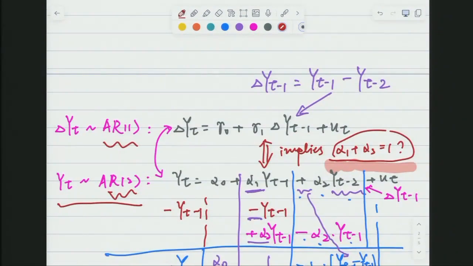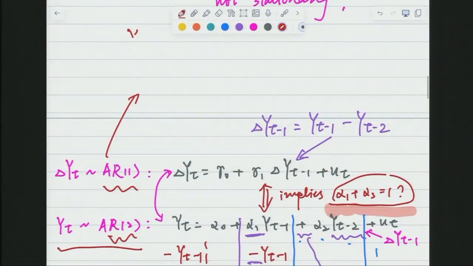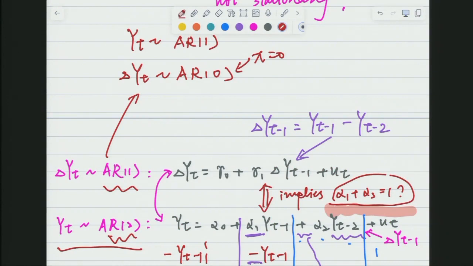Similarly, what we have here on the slide is yt following an AR1. The first difference is essentially an AR0, because when pi is 0, there is no lag. Yt minus 1 will not appear in the equation for delta yt.